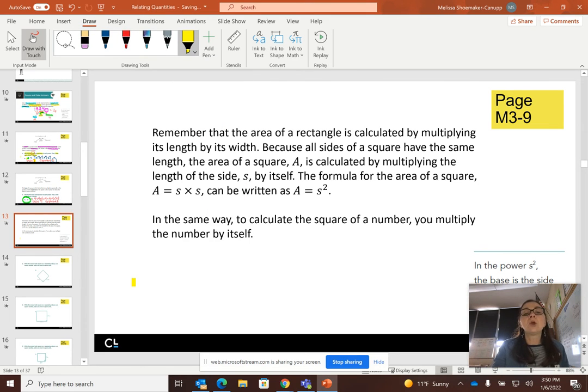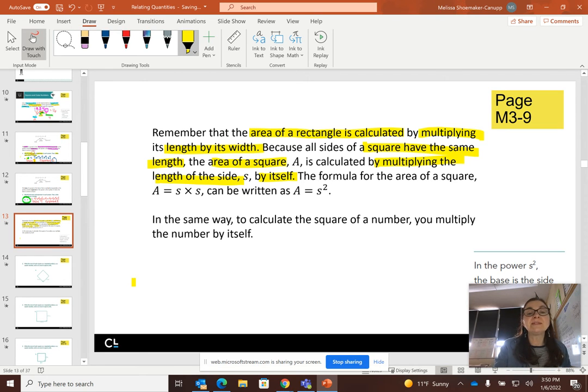You don't have to get too into it, just a slight connection that some of you might be able to make. Remember that the area of a rectangle, we're on page M39, we multiply the length by the width. Because all sides of a square have the same length, the area of a square is calculated by multiplying the length of the side S by itself, okay, because the square is the same size. So if this is 3, you got to multiply it by 3.